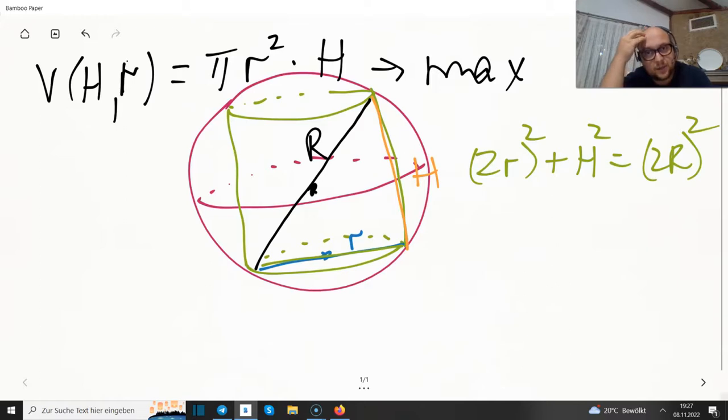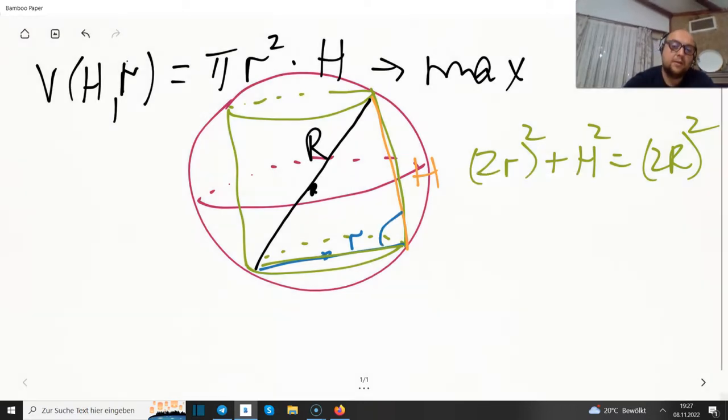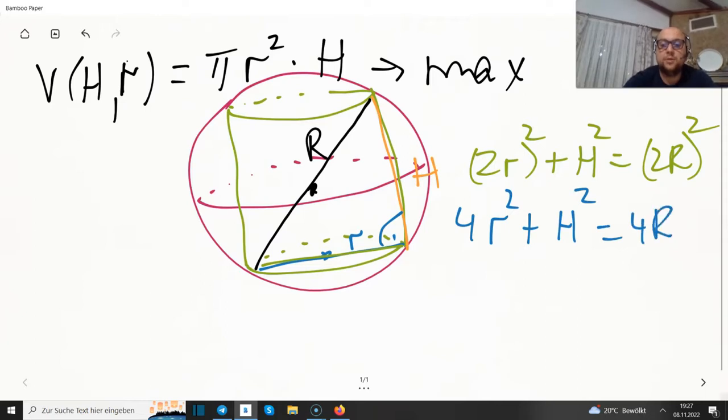I can try to solve it for r squared, because if I solve it for h, I have to put a square root. I don't want to do this. So this is, of course, the Pythagoras theorem, which is applicable here because we do have a right angle right there. So we got 4r squared plus h squared equals 4 capital R squared.